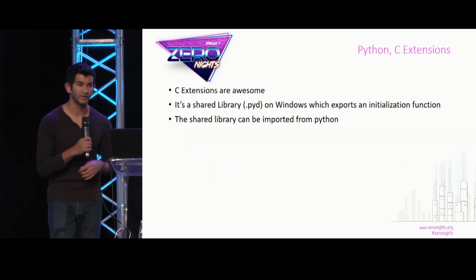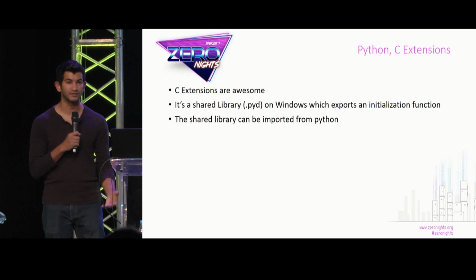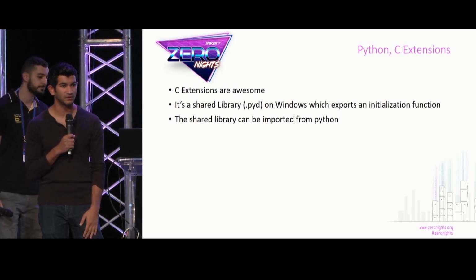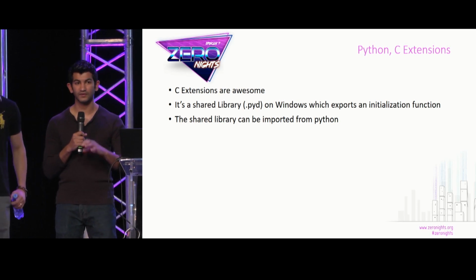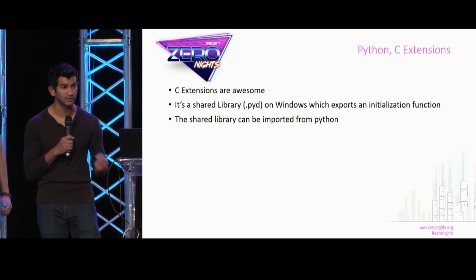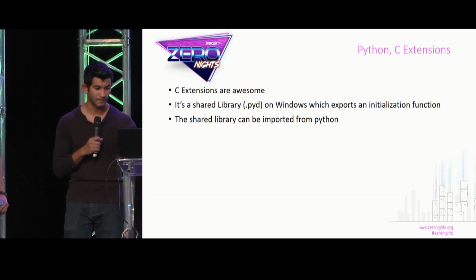So the C extension way, it's fairly straightforward. It's basically just a shared library, a PYD on Windows. I think it's a .so on macOS or Linux. And it works just like a normal Python library in that you can import it and then call functions, and it just treats it as if it's pure Python.